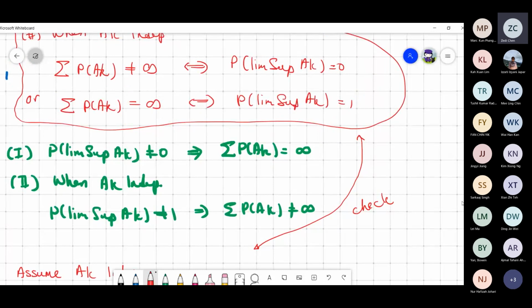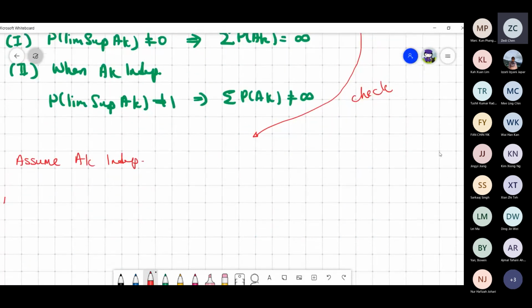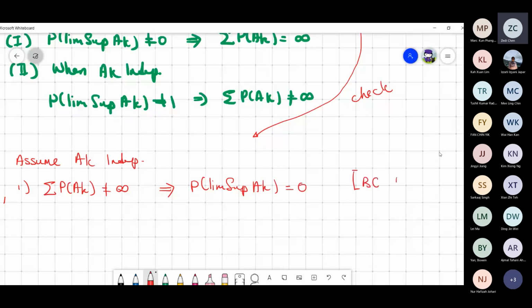So we can have the first one here. So when this one is not infinity, then I'm going to have P limit supremum of AK must be 0. So this is by the first Borel-Cantelli lemma. Okay, so we directly got this, right?